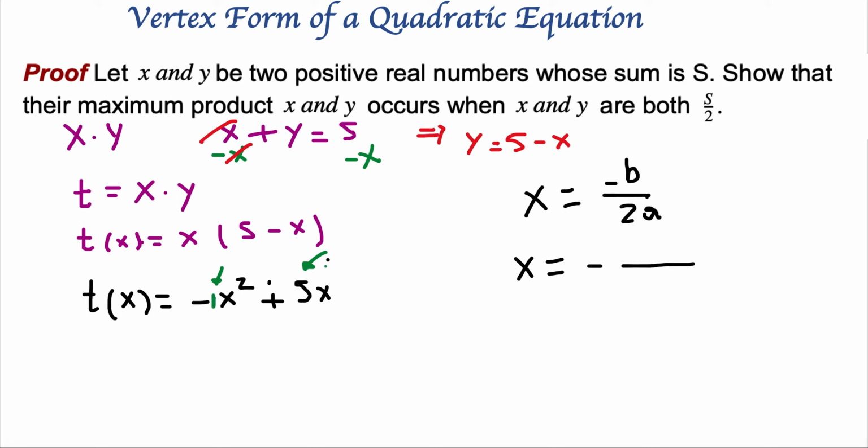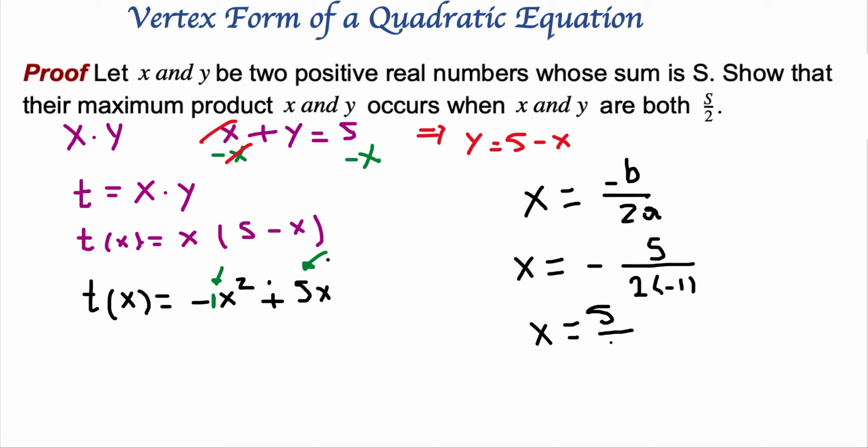Now let us substitute this information in the formula, and we get minus b means s instead of the b, and instead of the a we have 2 times minus 1. But now x is going to be equal to negative s divided by negative 2, a negative divided by a negative is a positive, and the whole thing is s over 2.